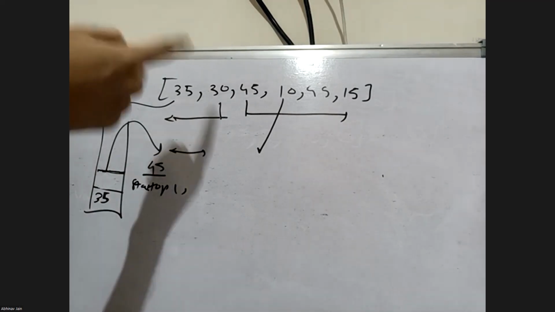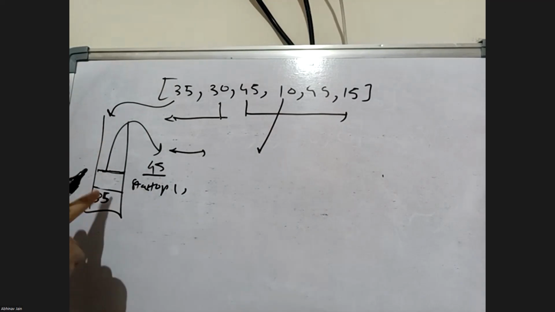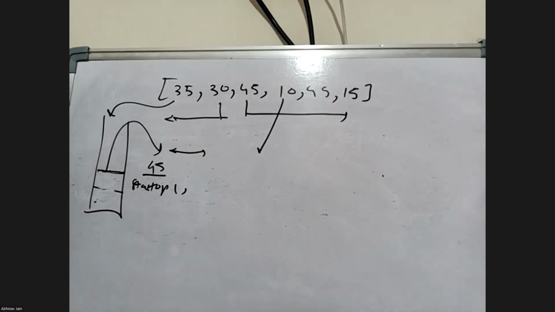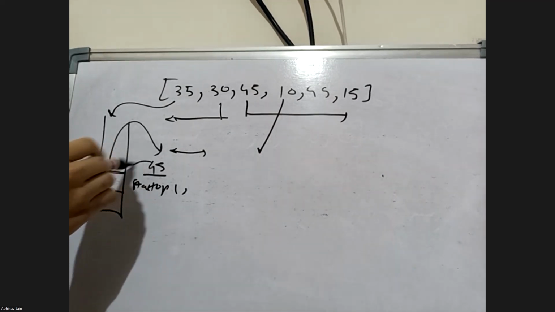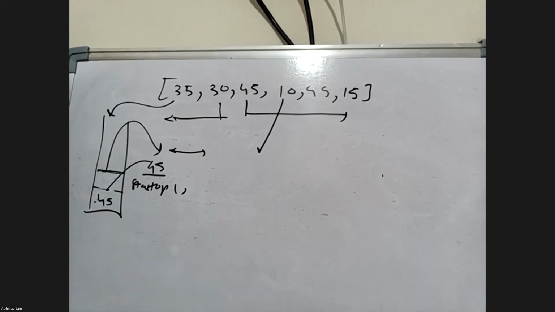So first 30 was popped out, and then 35 will be popped out, and then because the stack is empty, we'll close this while loop. Also if this element is not greater than the top value, we'll close the loop, and then we'll store this value 45 here, and then we move on and so forth. So I hope this is clear.